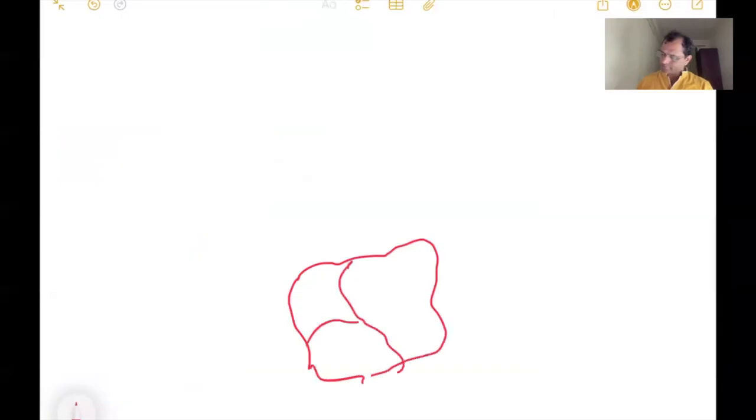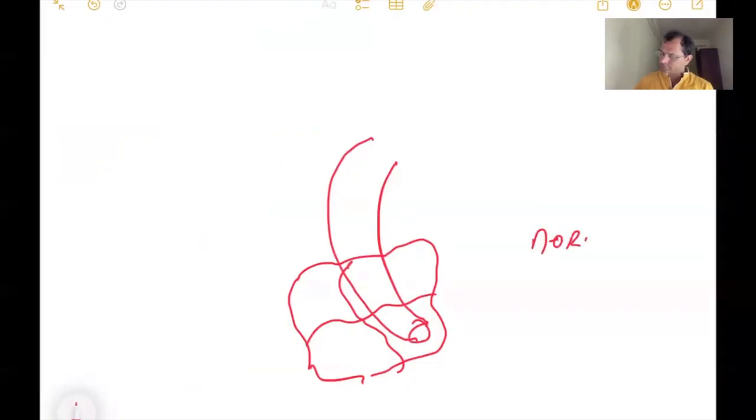The blood is pumped from the heart, and this is the aorta, the biggest artery of the heart. So this is the part called the arch of the aorta.